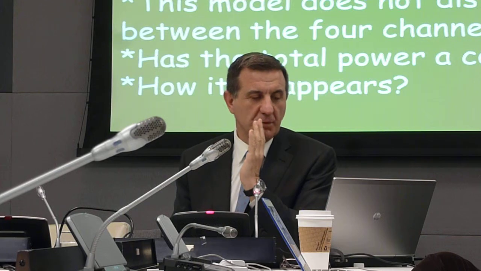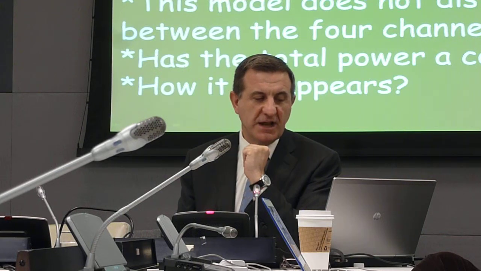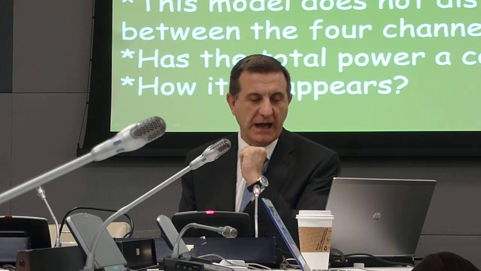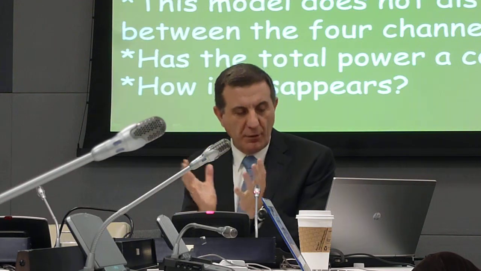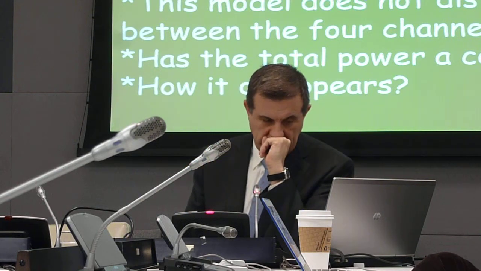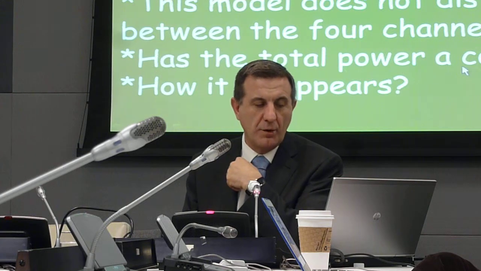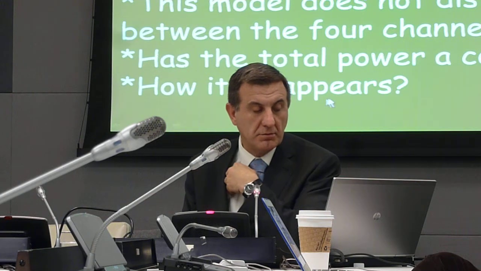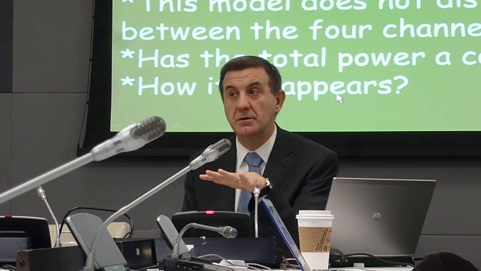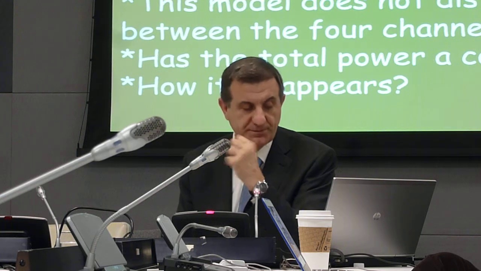A weakness of this model is that we cannot distinguish for the moment between the four channels of power. We're talking about power in general. And of course this leaves open many questions. If total power has a constant value, maybe power disappears too, evaporates, vanishes.